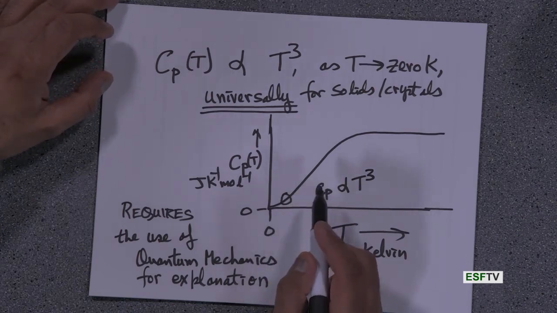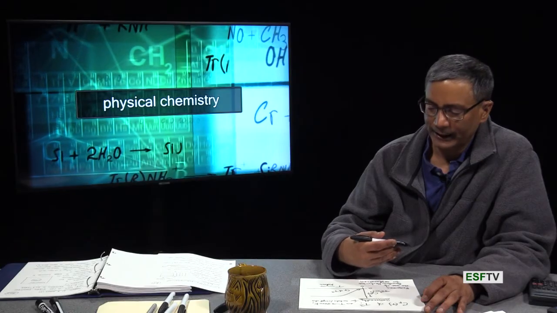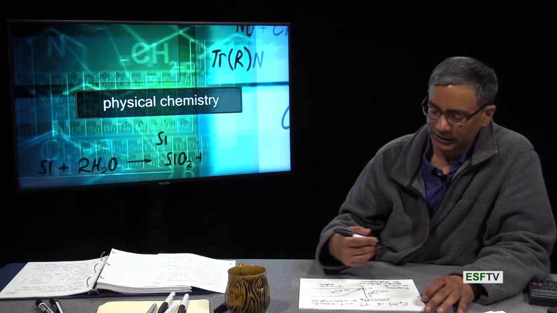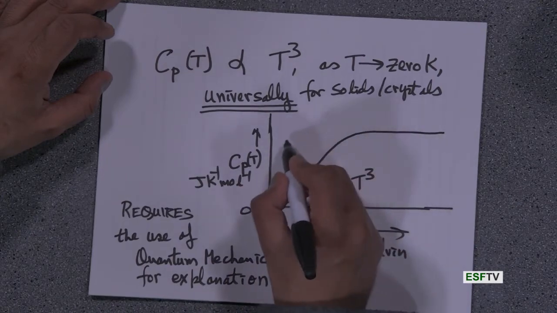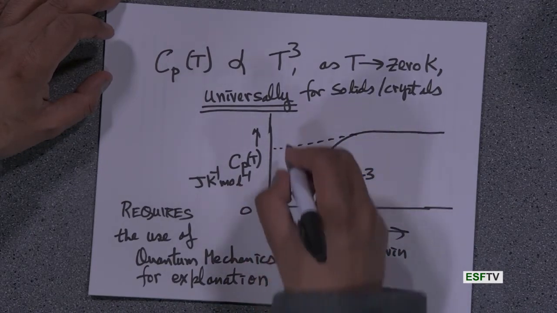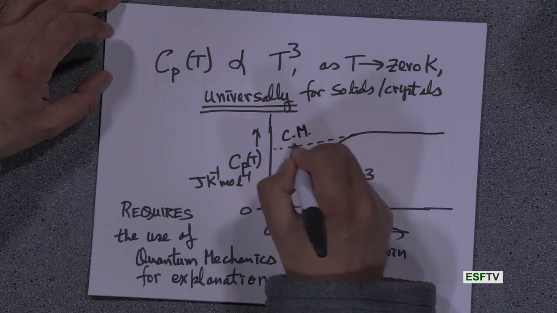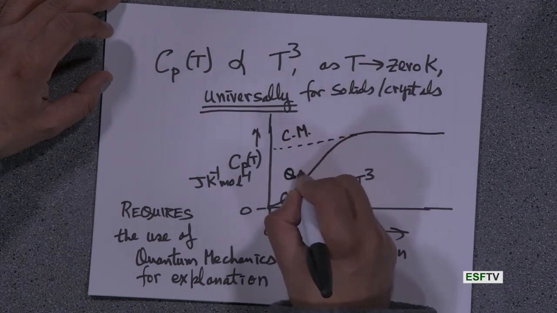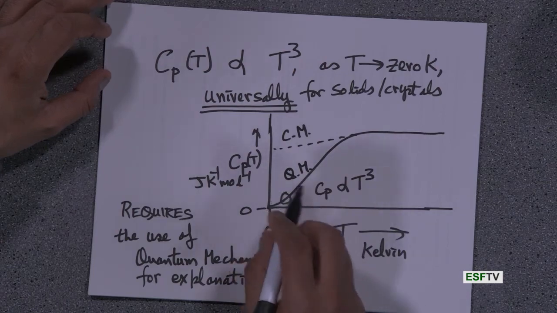It was a mystery because any Newtonian mechanics-based, classical mechanics-based picture of the heat capacity of a solid tells you it's going to be something like this. It does not give you this behavior. This is CM, classical mechanical. To obtain this, you need quantum mechanics, the fact that the heat capacity vanishes.